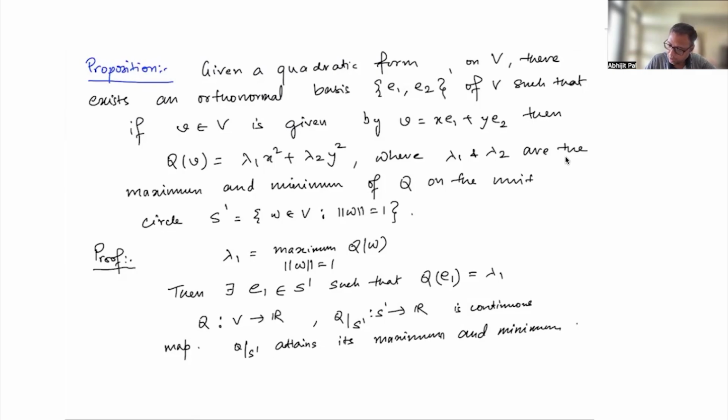And now let us take e2 to be a vector in the unit circle. So e2 belongs to S1 such that e2 is orthogonal to e1. So the inner product of e2, e1 is equal to 0.